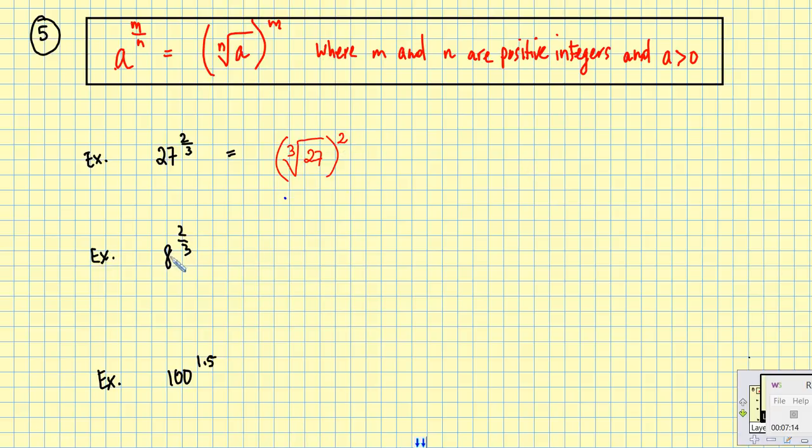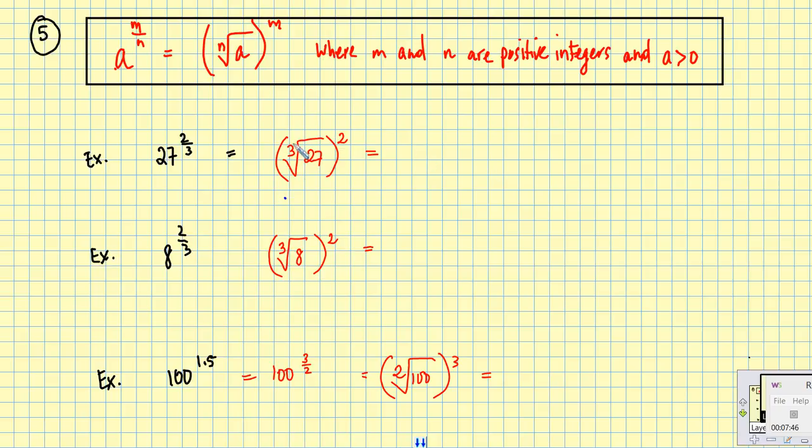If I take 8 raised to the power of 2/3, it's like saying the cube root of 8 raised to the power of 2. And if I looked at 100, for example, raised to the power of 1.5, well, 1.5 can be rewritten as 3 over 2, so it would be like saying the square root of 100 raised to the power of 3. Now, all three of these can actually be simplified.